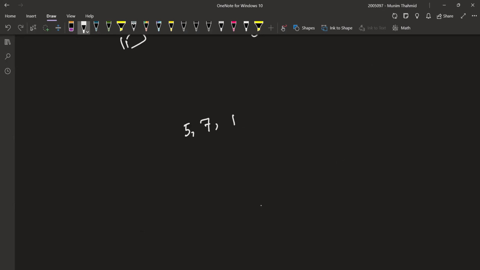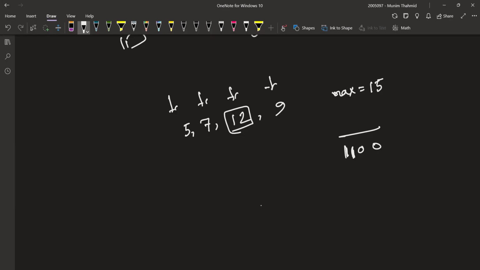Let's say 12 is the maximum, and 9. 12 is the maximum. How many digits does it have? 4 digits, right? 8, 4, 0, 4. I am certain that my number is definitely not going to exceed that. And as in the previous one, the number of unique values will still be there.